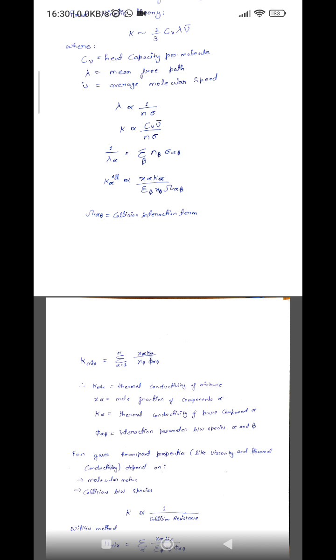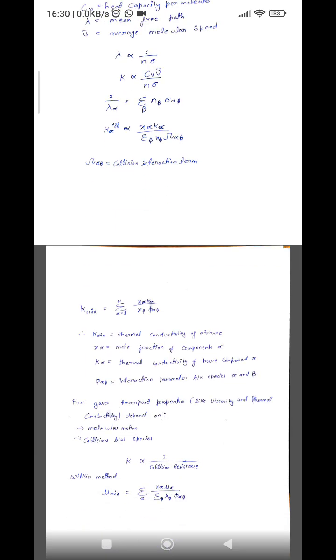Like we have chlorine and air, so chlorine can be the alpha component and air can be the beta component. K alpha is the thermal conductivity of the alpha component, like chlorine, and phi alpha beta is the interaction parameter between species alpha and beta.